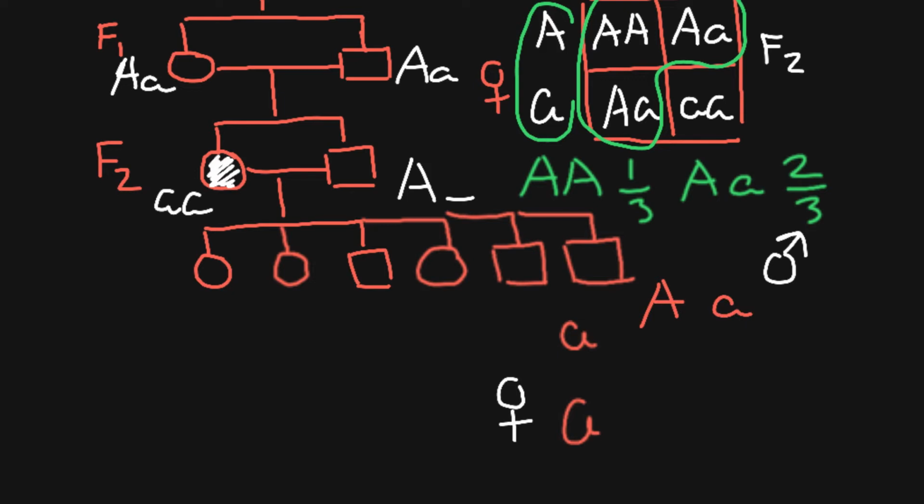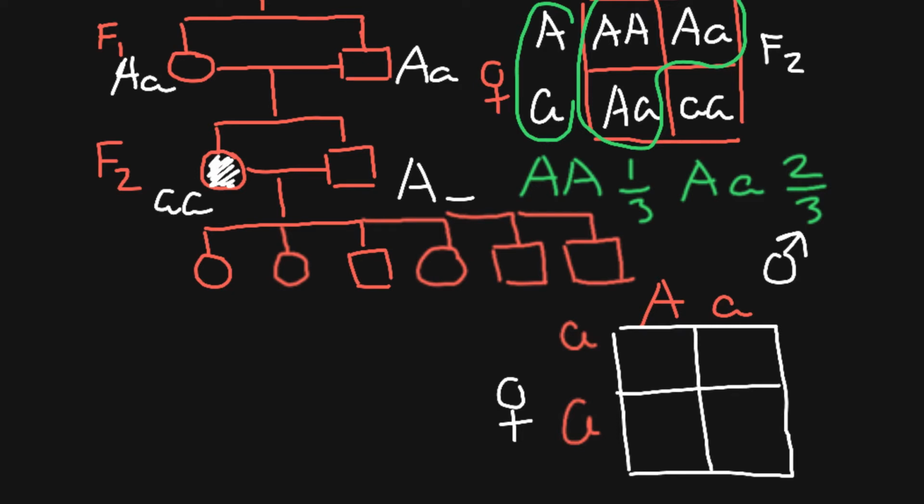In this case, the probability for this couple to have affected and unaffected progeny would be as follows: capital A, small a; small a, small a; capital A, small a; and small a, small a. So as you see, we expect that 50% of the progeny would be affected and 50% would be unaffected if the male parent were heterozygous.